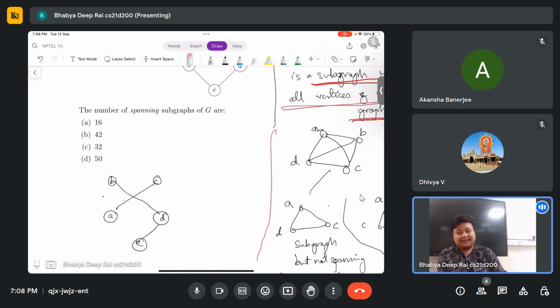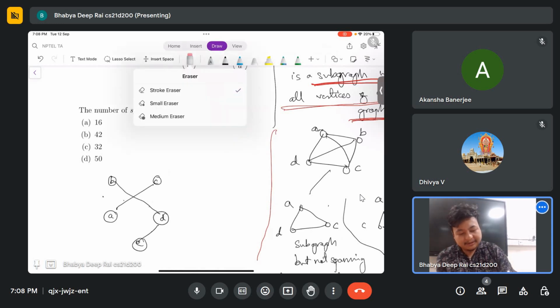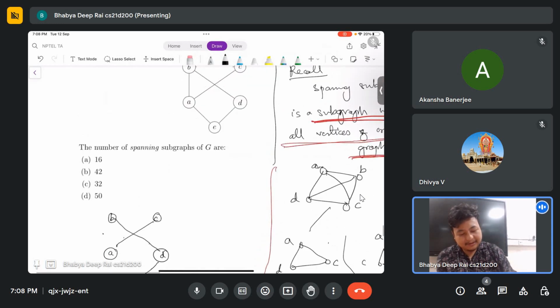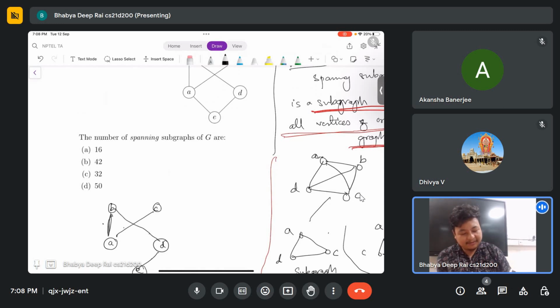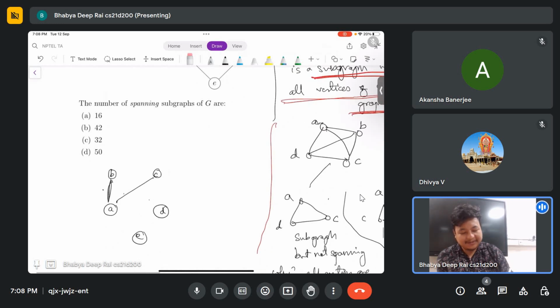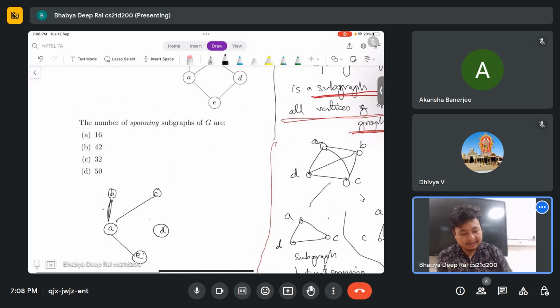So this is a subgraph also, this is a spanning subgraph also. And well, I can say, okay, let me keep this, but remove this edge. Or let's say I remove this and introduce this edge. Or let's say I remove all edges. This is still a spanning subgraph.